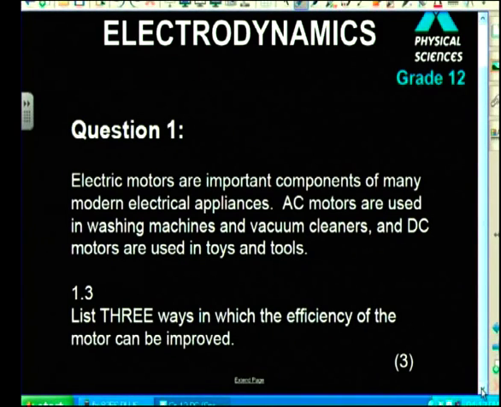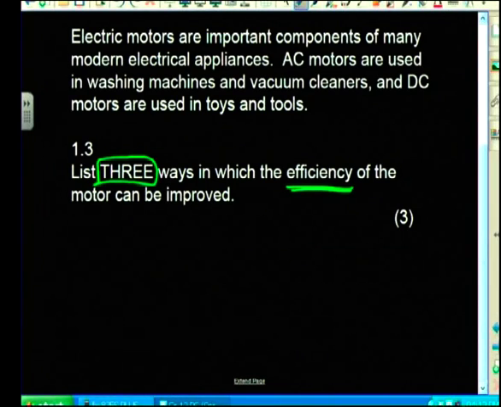Then, nice question. List, careful here, 3 ways in which the efficiency of the motor can be improved. I'm not asking how do I make it turn faster? I'm not looking for that. I'm asking you, how can I make it more efficient? In other words, how can I make it so it turns smoother?